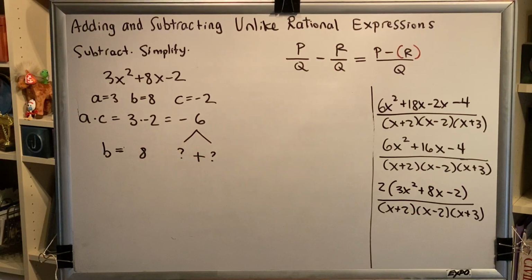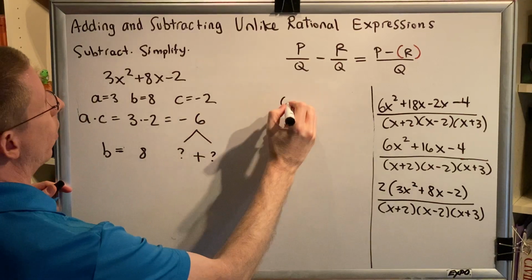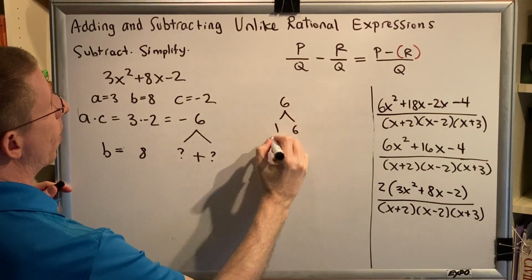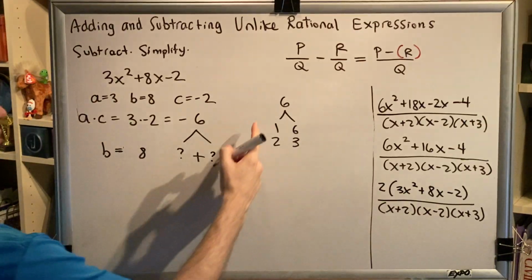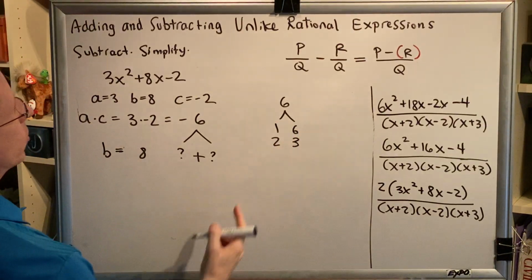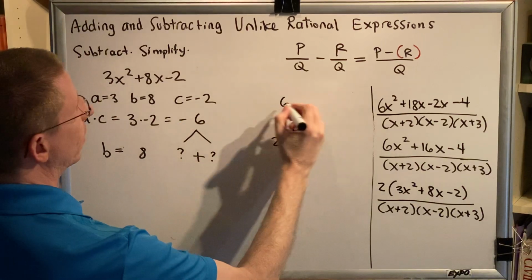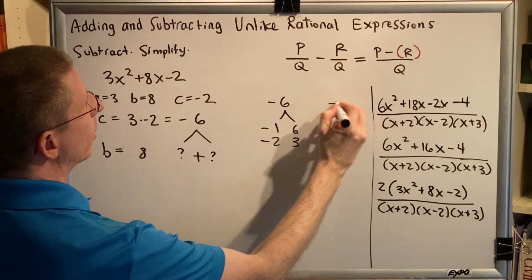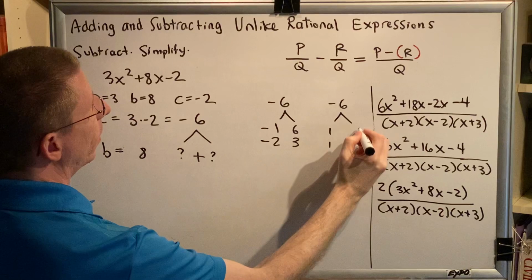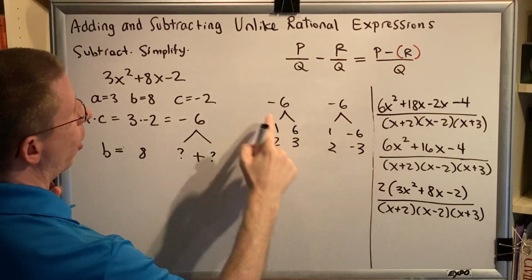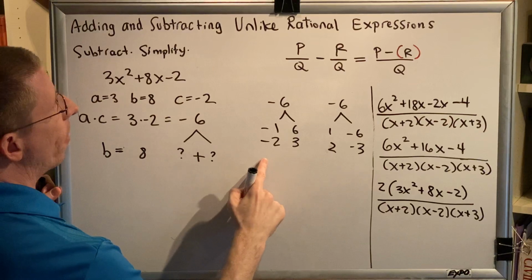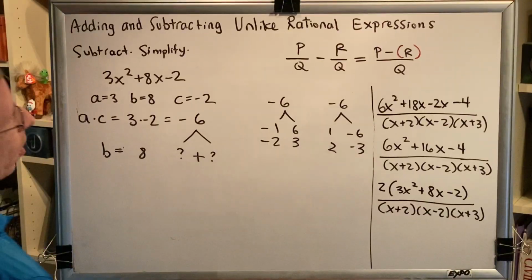So, can we find a pair of numbers that has that property? Let's make a list of all of the integer numbers that multiply to make 6. It's a pretty short list. 1 times 6, 2 times 3. And because it's actually technically a negative 6, we can make two lists. One list where the first factors are negative, and the other list where the second factors are negative.